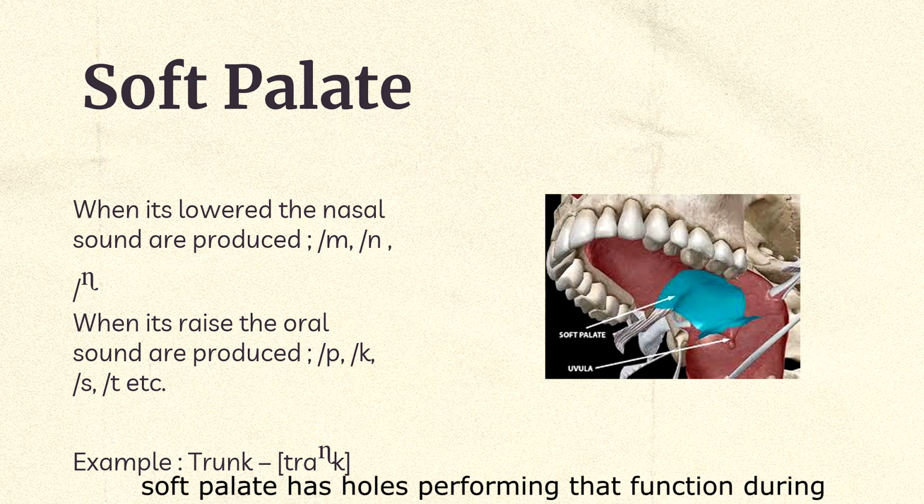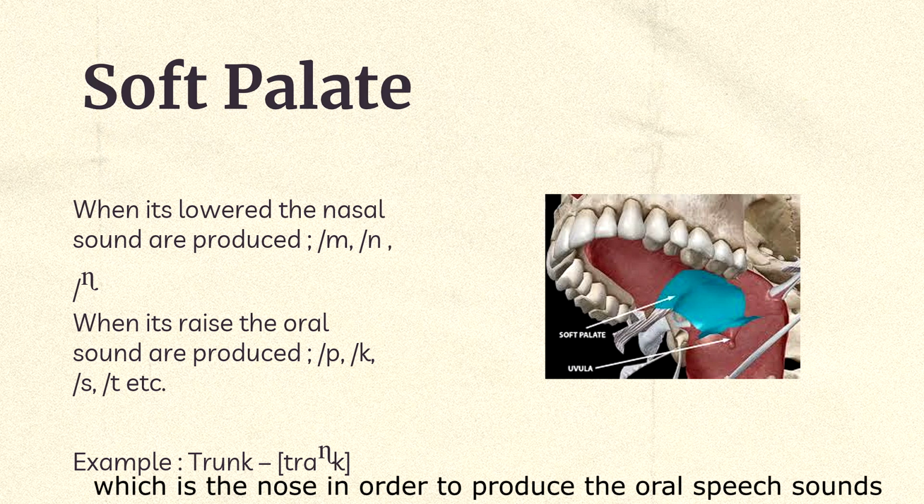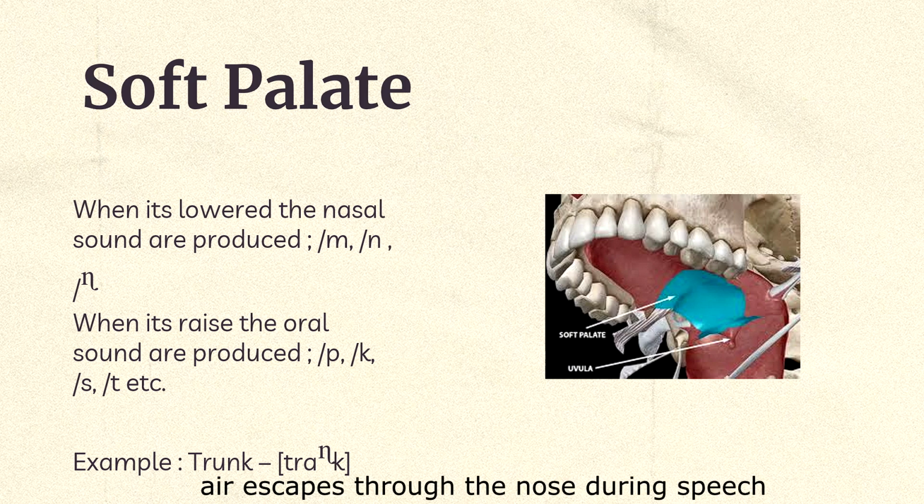The soft palate performs that function during speech to separate the oral cavity from the nose, in order to produce the oral speech sounds. Manet and Madrid explain that if this separation is incomplete, air escapes through the nose during speech, and the speech is perceived as hypernasal.